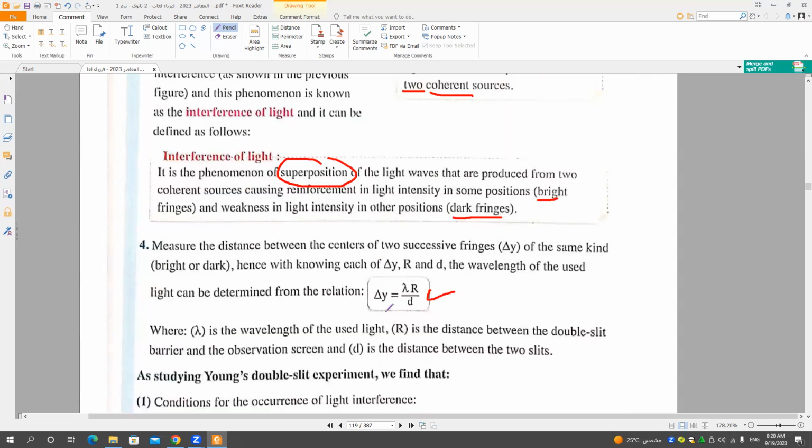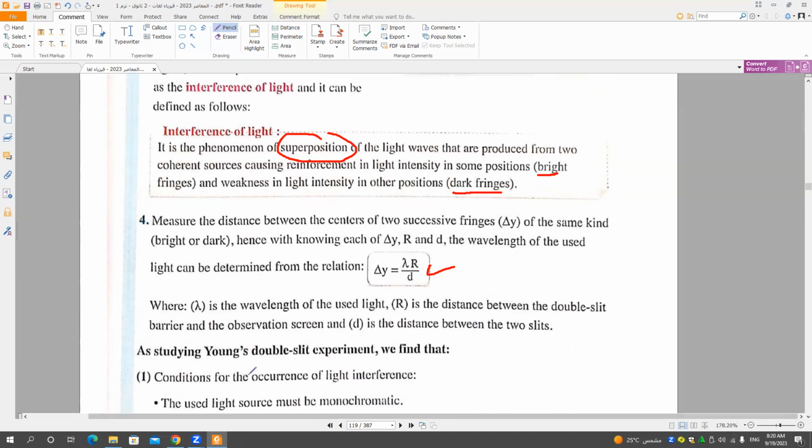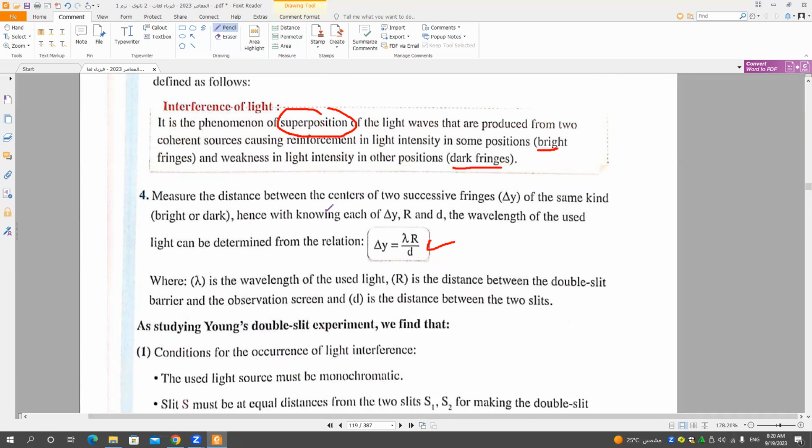So light interference is a phenomenon produced from the overlapping or superposition of two identical waves, or two coherent light sources that have the same phase, and this experiment is called the Thomas Young experiment.